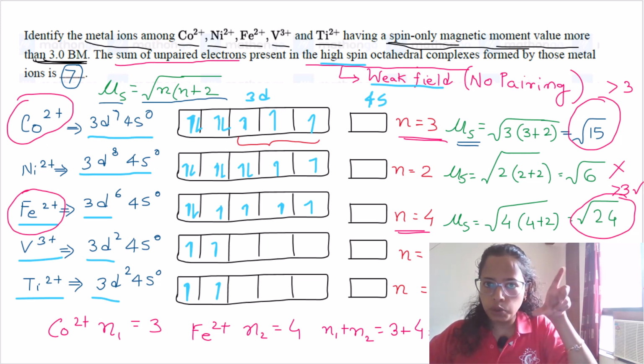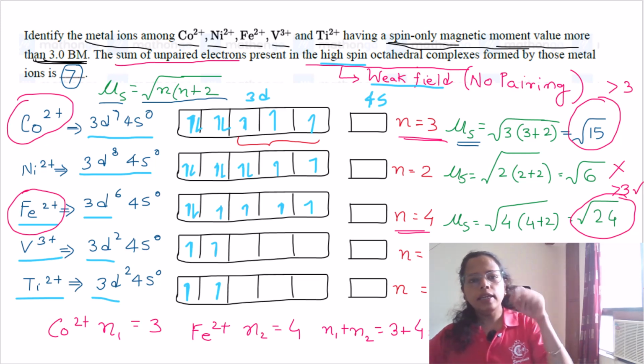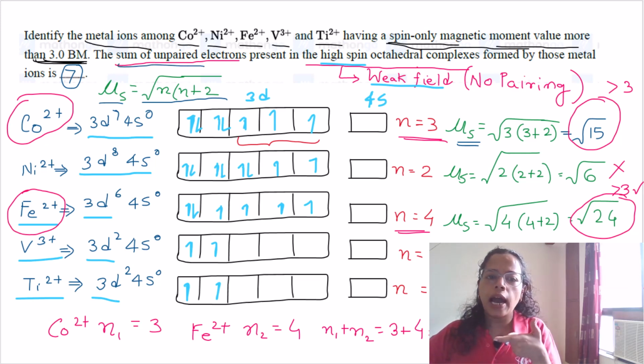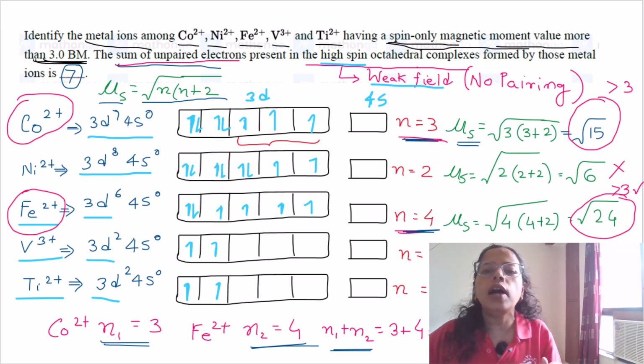Then we identified which μ spin-only values are greater than 3, and those 2 ions are cobalt 2+ and Fe2+. In the second part of the question, we had to add up the number of unpaired electrons of these 2 metal ions. So we added them up and got the final answer as 7. And all of this electronic configuration that we wrote was based on the high spin octahedral complex.